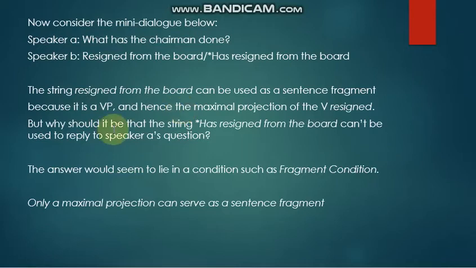But why can't the string has resigned from the board be used as an answer to speaker A's question? The answer seems to lie in the fragment condition. The fragment condition is that only a maximal projection can serve as a sentence fragment.